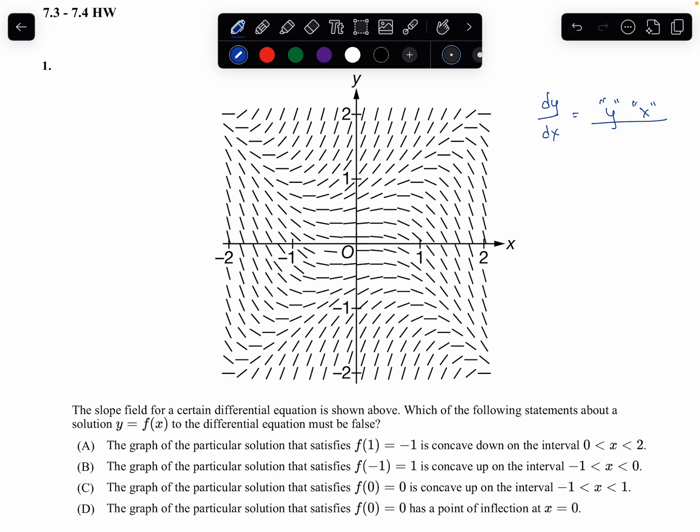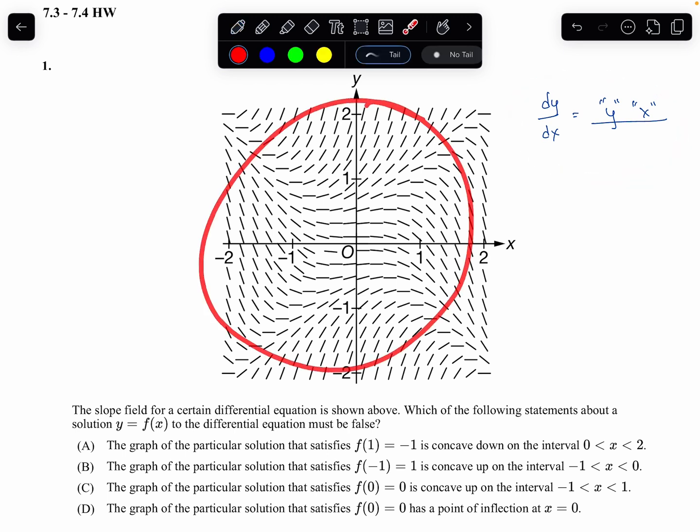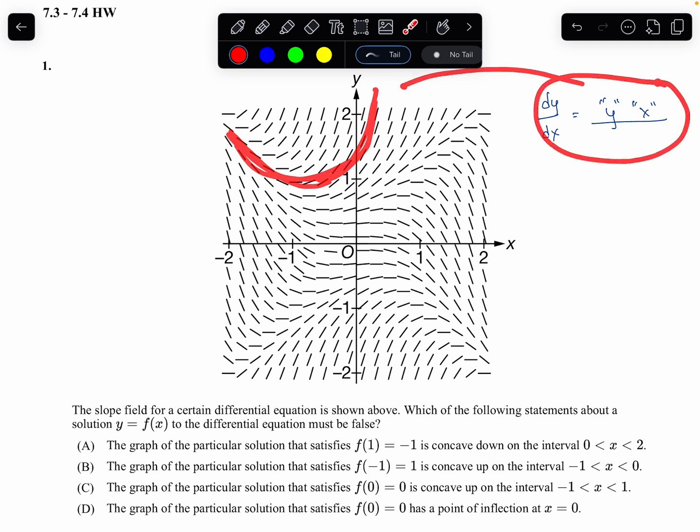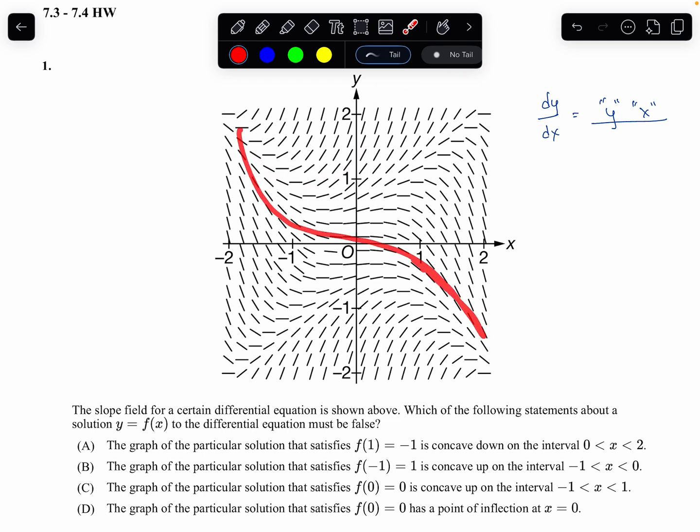Whatever the differential equation is, it produces this slope field, where if we follow along right here, we get something like this. This curve right here is a solution, or it might look more like that right there. That curve is also a solution here. You might get something down here. This is also a solution.